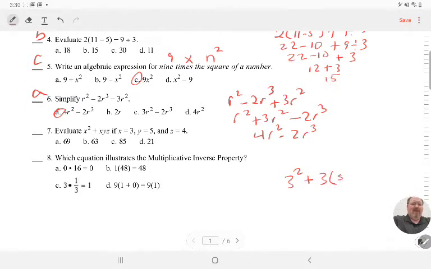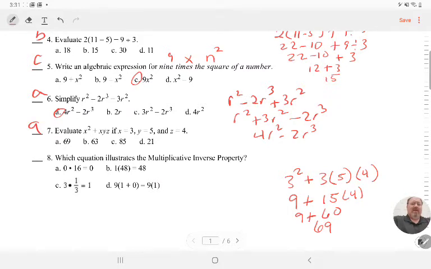Y is 5, and z is 4. Okay? Then that would be 9 plus 3 times 5 is 15 times 4. 9 plus 15 times 4 is 60, and 9 plus 60 is 69. and that would be A.